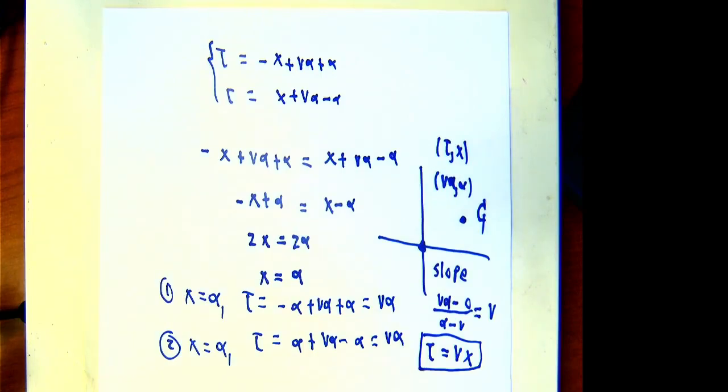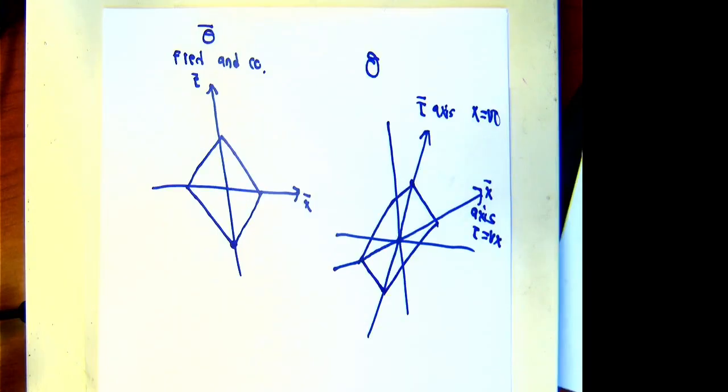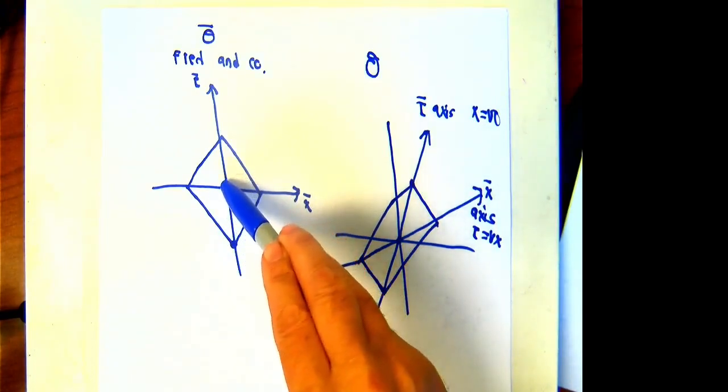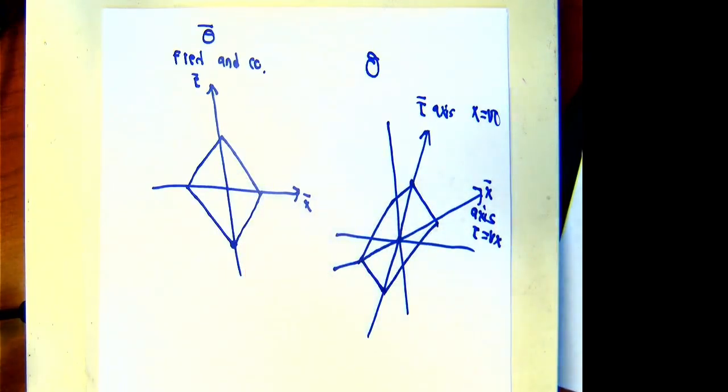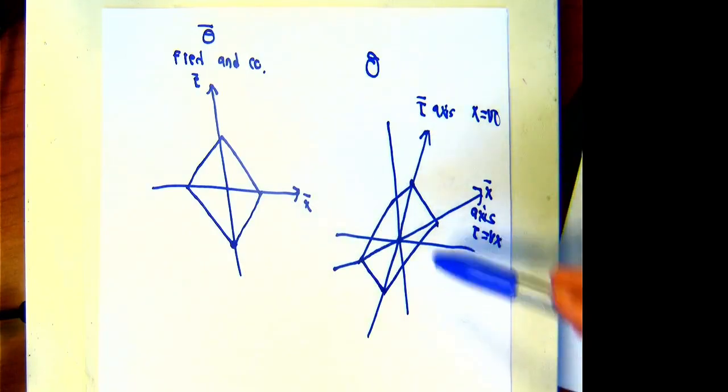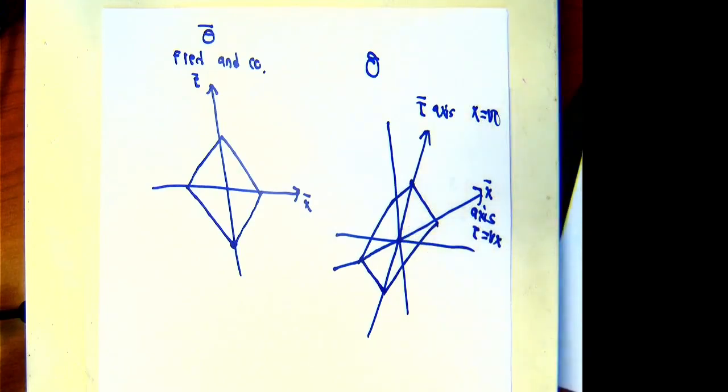Since I now know the slope and I know the origin is on the straight line of interest, I can just write down that the x-bar axis, as measured by the unbarred coordinate system, is just the straight line t equals v times x. So to summarize, according to Fred and his friends, the space-time diagram for the experiment looks like this. According to the unbarred people, the experiment looks like this.